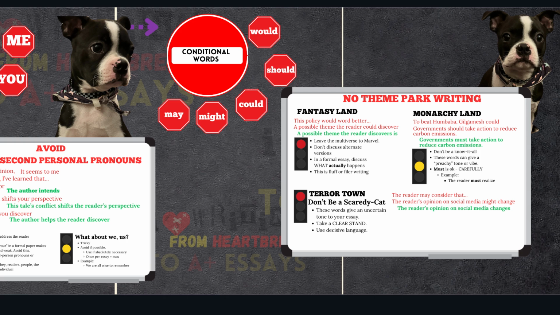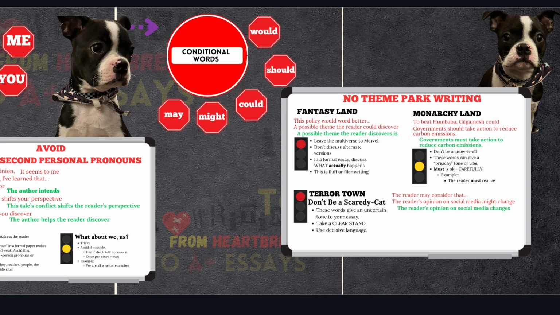Should just sounds really forceful. It has more of a negative connotation. And like I said, you don't want to be a know-it-all. Also, these words like would, could, should, may, might give off a preachy tone or vibe. Like I said, must is okay, once again using it carefully. For example, "the reader must realize," or "governments must take action."